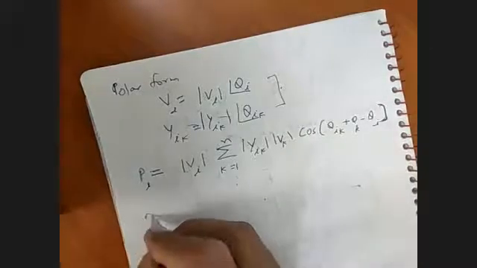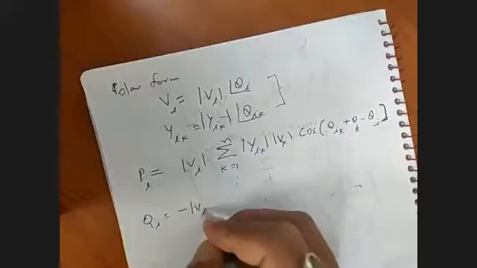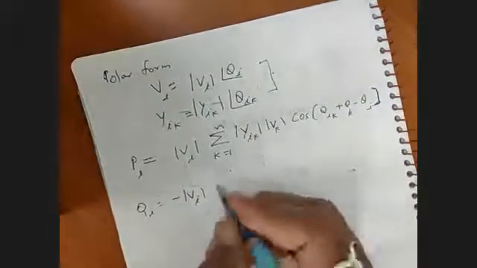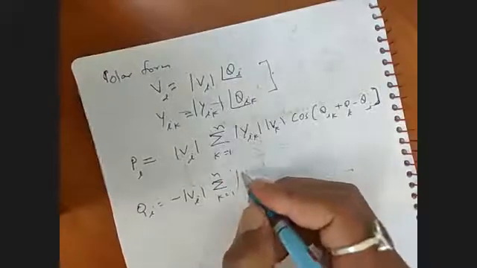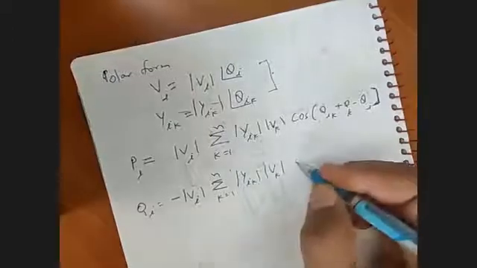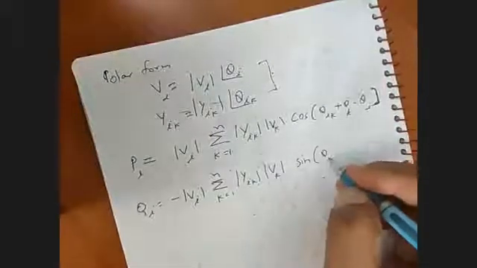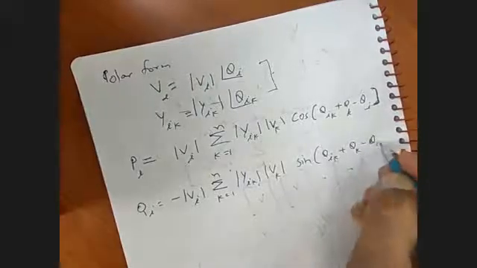And similarly Qi equal to minus magnitude of Vi summation k equal to 1 to n magnitude of Yik magnitude of Vk sin of theta ik plus theta k minus theta i.